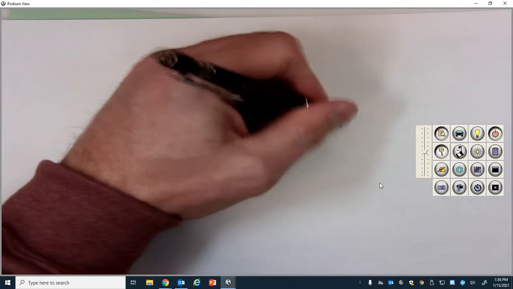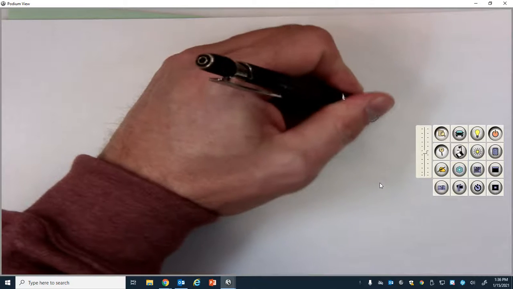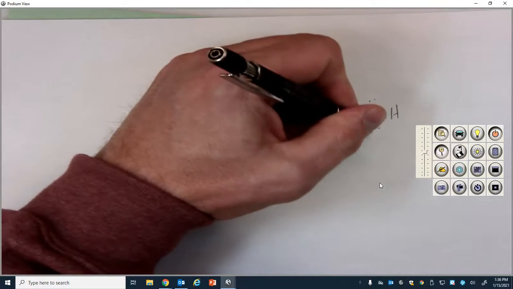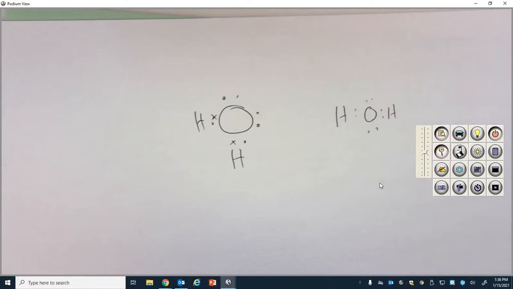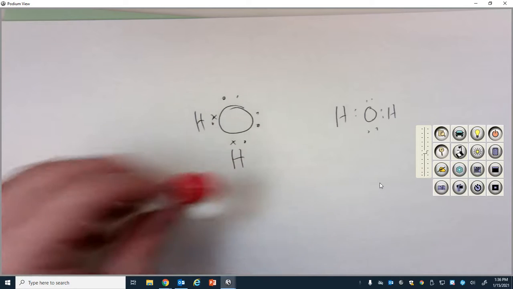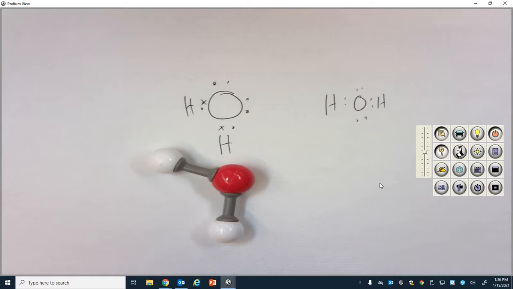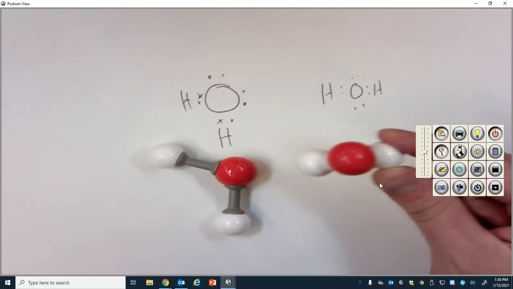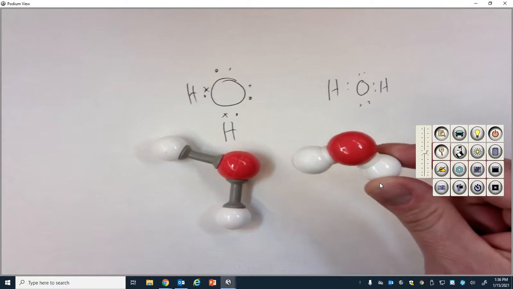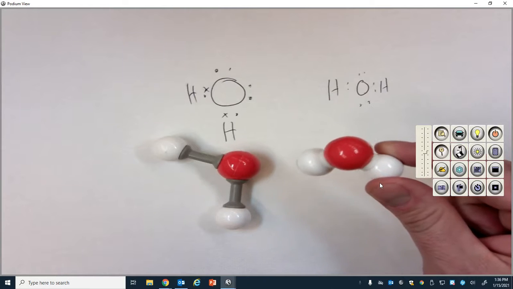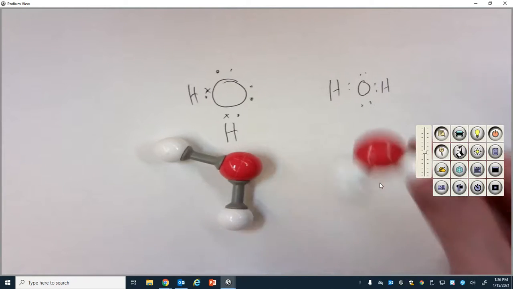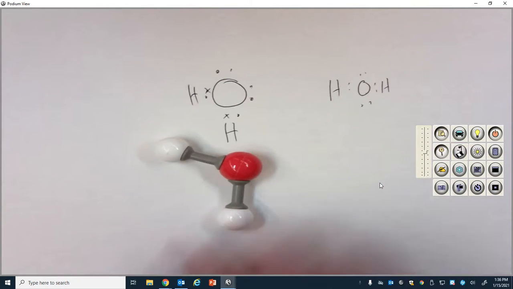Some people get in the habit of drawing water like this, which, if you're asked for the dot diagram for water, both of them are okay. This one looks like this, and this one is looking at it from this perspective right here. But realistically, you have to understand that it looks like this. All right, so that's kind of the basic structure in there.